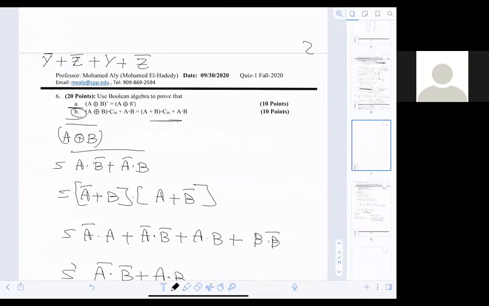All right. Maybe I can make it here. So I turned the XOR into AB complement plus A complement B, then times CN plus A times B. And then you distribute the CN. So you'd have CA, all that plus AB.